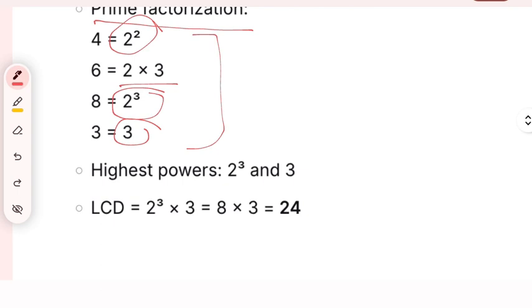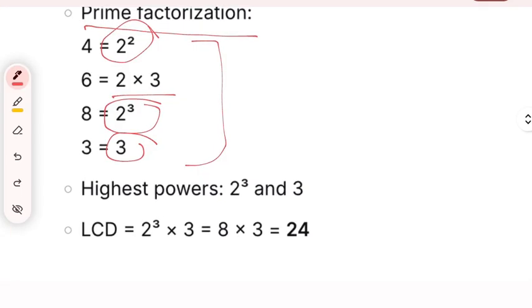What we will do is use the highest powers of 2. As you can see, 2 is present here, here, and here as well. But we will only use the one that has the highest power, and that is 2 to the 3. So we don't use 2 squared or 2. We take the highest power, 2 to the 3, and then one of the threes.